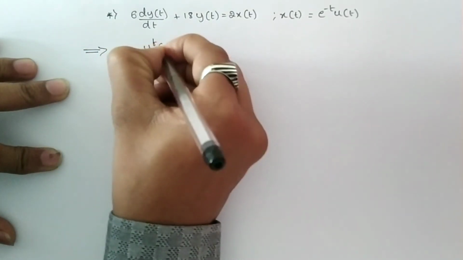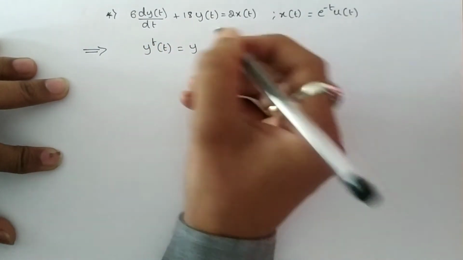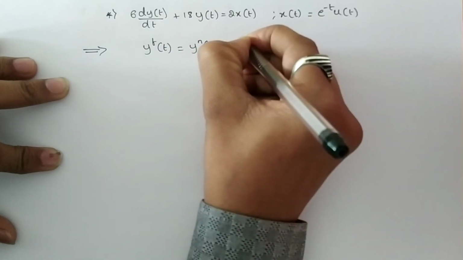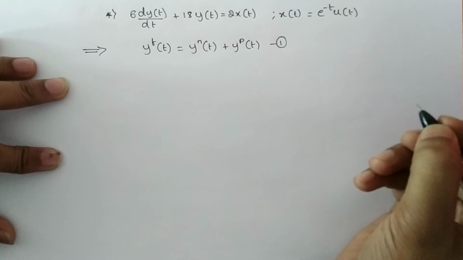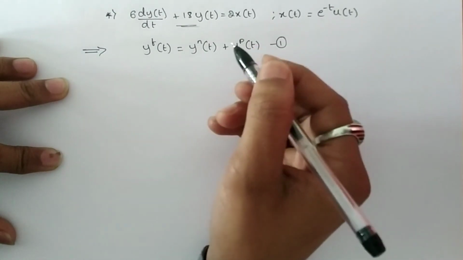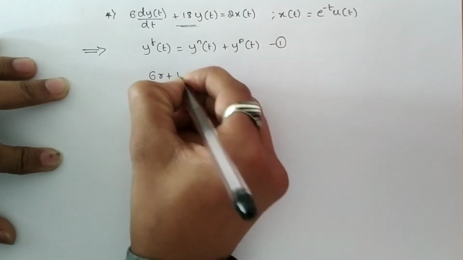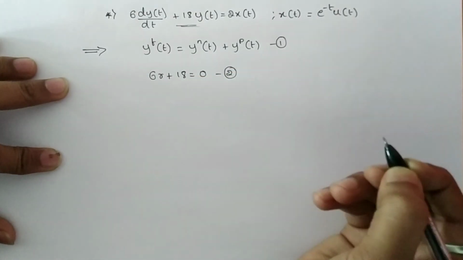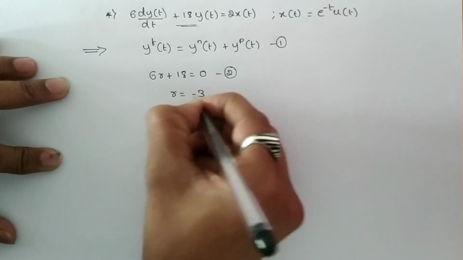Forced response yf of t is given by a combination of two terms: one is yn of t plus the particular solution yp of t, marking it as equation number 1. For this, the characteristic equation remains the same, and it is given by 6r plus 18 is equal to 0, and from this we can write r is equal to minus 3.